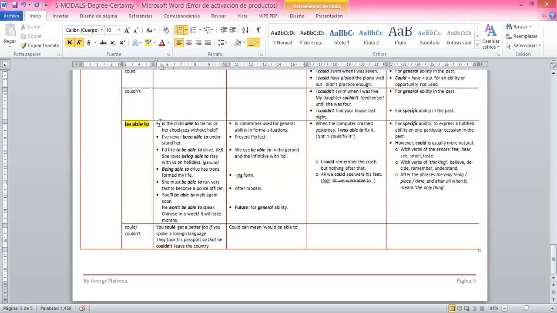Okay, now can you read this and then tell me if you quite understood something there or not? Is the child able to tie his or her shoelace? Shoelace, that's right. Shoelaces. Okay, without help.